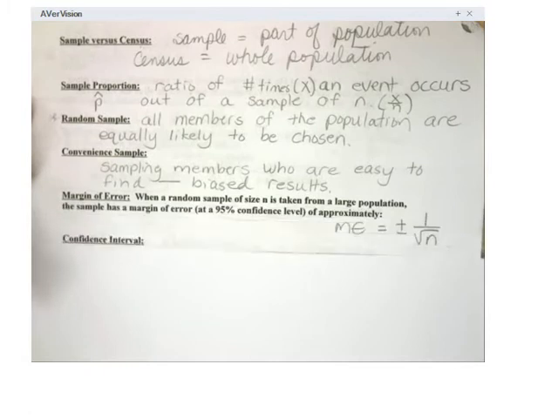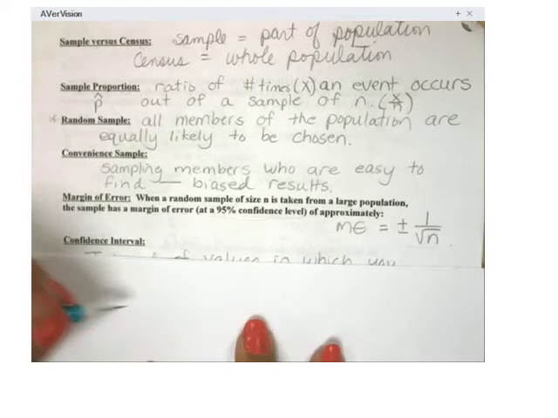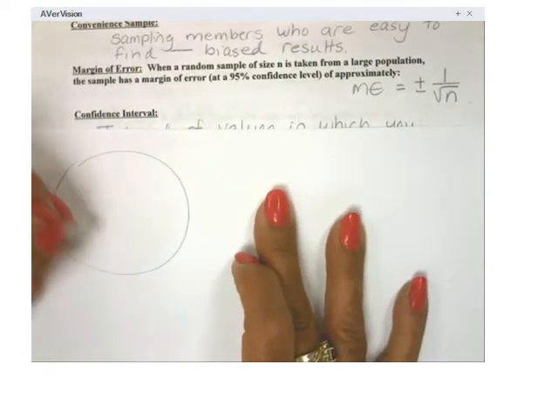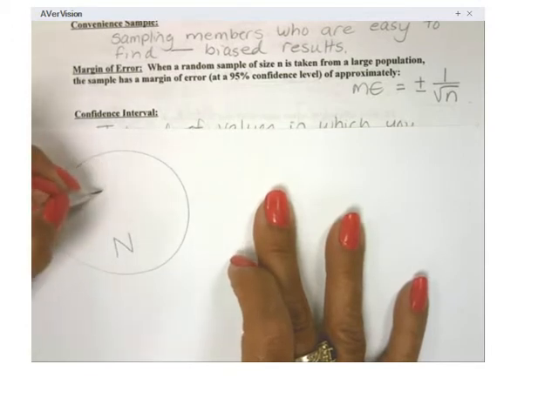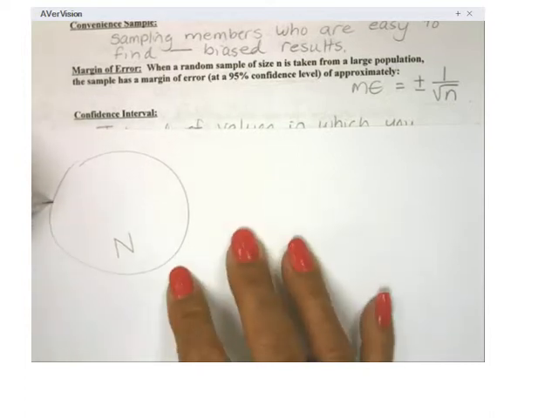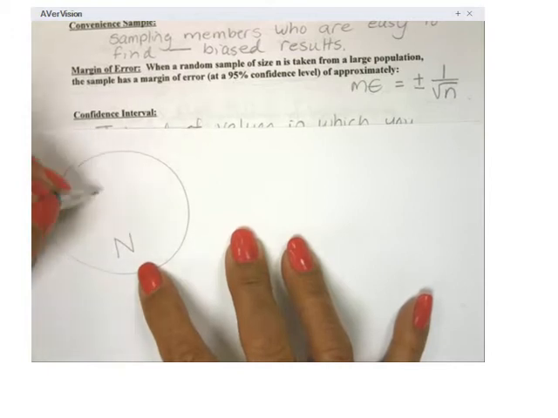Now, when we talk about sampling, let's say that this is some population here, and the population has capital N people in it. Let's say it's a population that's going to vote for a candidate, and there are capital N people in that community, and there is a true proportion, we'll call that little p, that will vote for that candidate, and that will happen on election day.